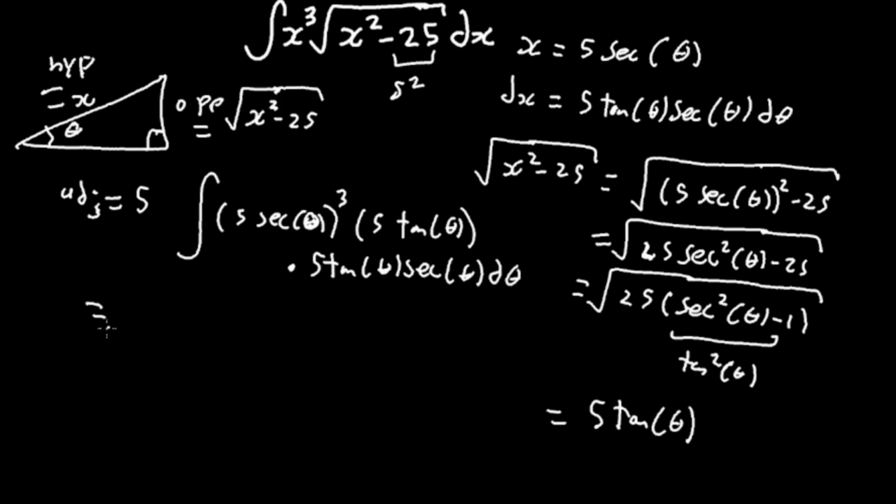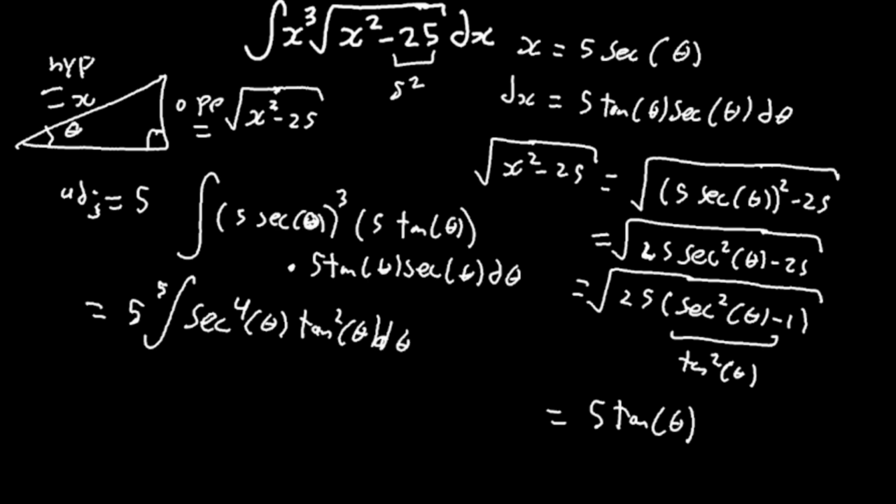So this becomes the integral of, we have 5 to the third, we have 5 and another 5, so this is 5 to the fifth. Let's just pull that out. 5 to the fifth integral of, we have secant cubed, and then we have another secant over there, so secant to the fourth of theta times, we have a tangent there, another tangent there, tangent squared theta d theta.